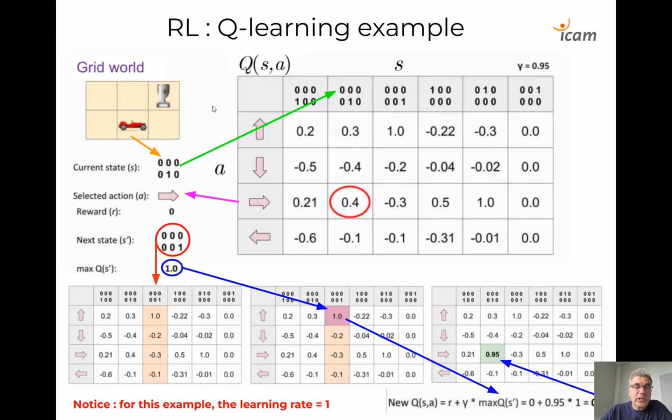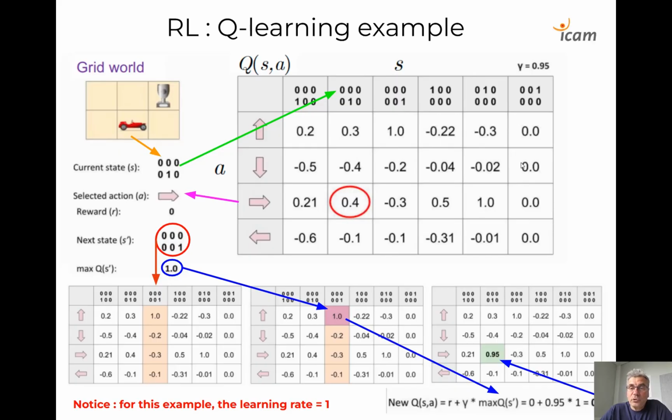You can realize there are only 6 states for this game. The car can be here, here, here, and so on. And for each state, we can only perform 4 actions. We can go up, right, left, or bottom.